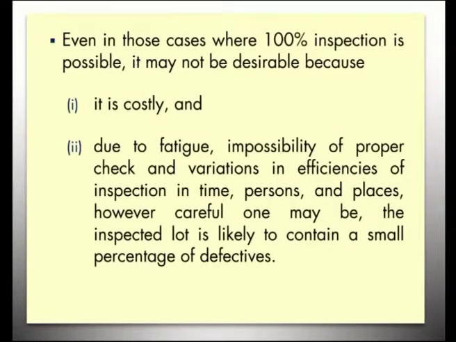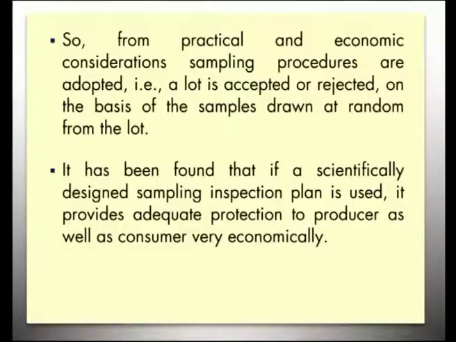Even in those cases when 100% inspection is possible, it may not be desirable because it is very costly, and there are fatigue, the impossibility of proper check, and variations in the efficiency of inspection in time, person, and place. However careful one may be, the inspected lot is likely to contain a small percentage of defectives.